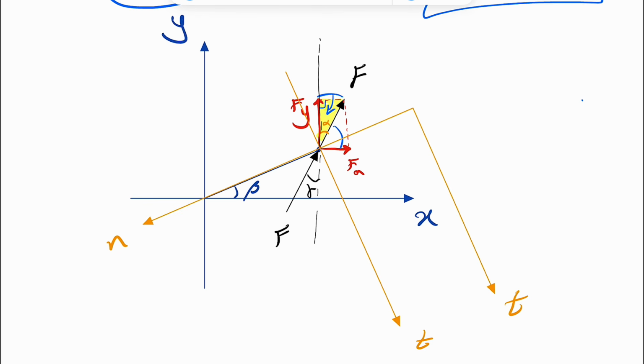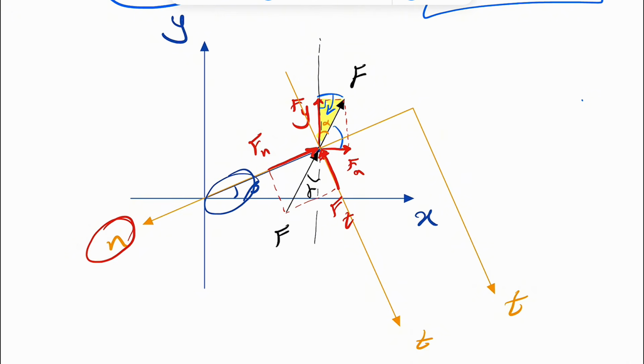But if you want to resolve this force into N and T components, we do the same thing. We're trying to make that rectangle. So these are the two components that we have. This one would be our N component and the other one would be our FT. Now we have to find an angle with either the N-axis or T-axis because we don't have that angle yet.